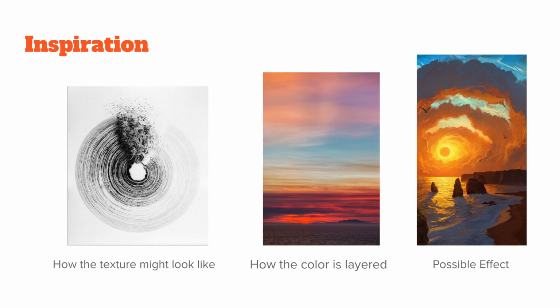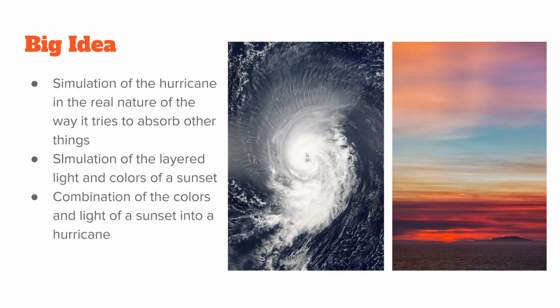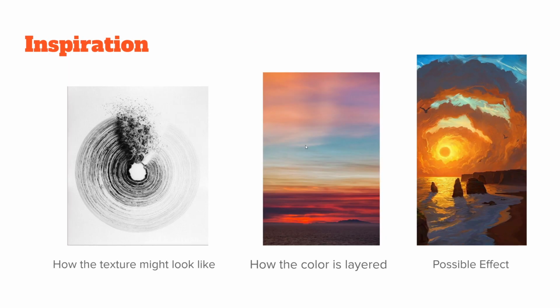This is basically what I want the hurricane to look like, because we can see from this picture that hurricanes also have places where there are a lot of clouds and where there are rare clouds. And this is the second inspiration.